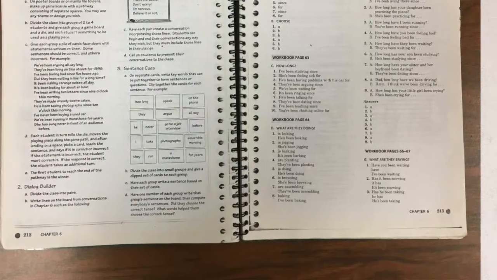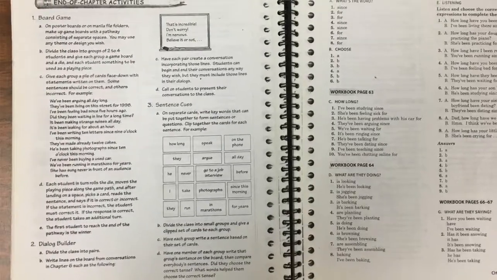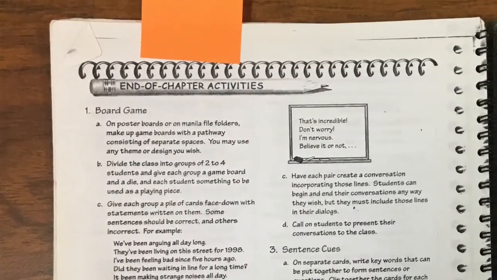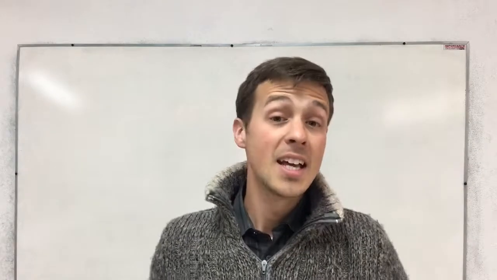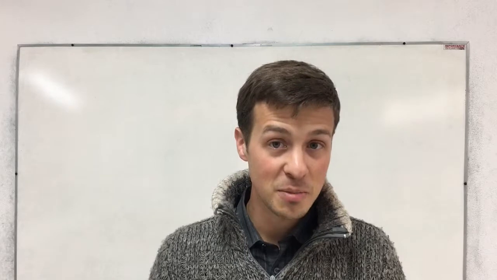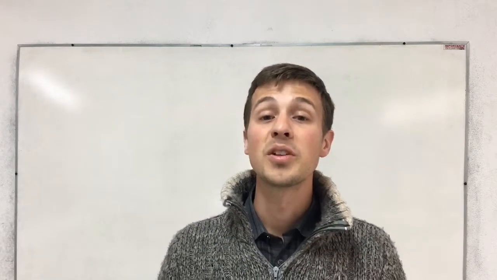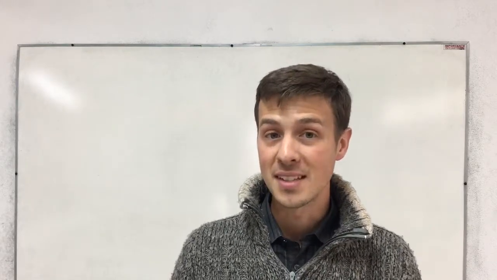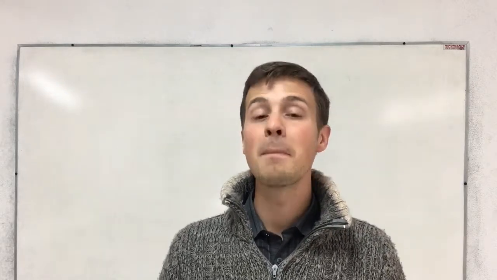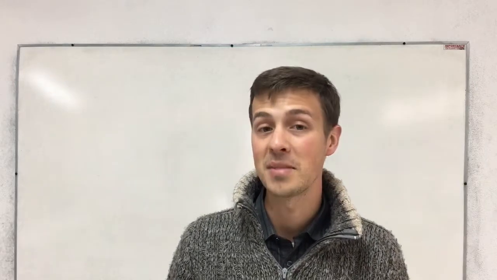I also like to use the end of the chapter activities. These are really good because they usually have most of the information from that chapter. If you want more activities, I am including a document in this Facebook chat with some really, really good ones. They're fun, they're easy to set up, and I think they make the most of your time in class.